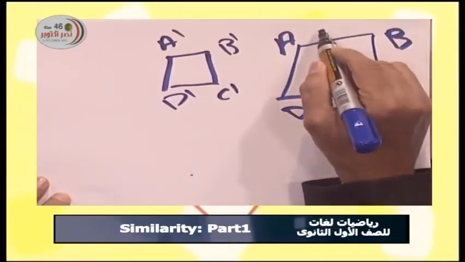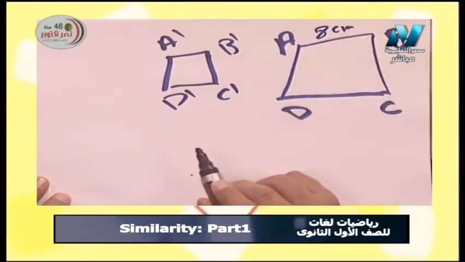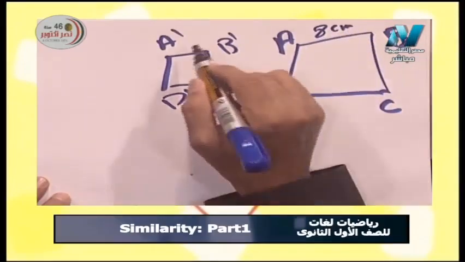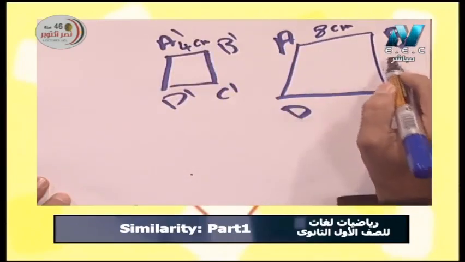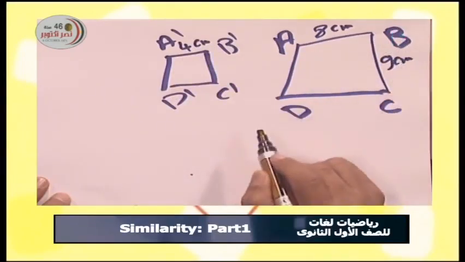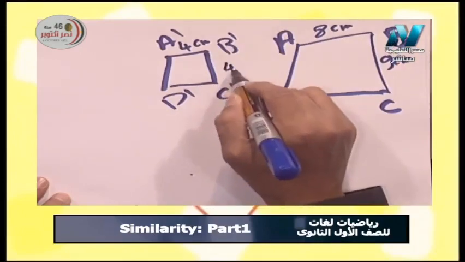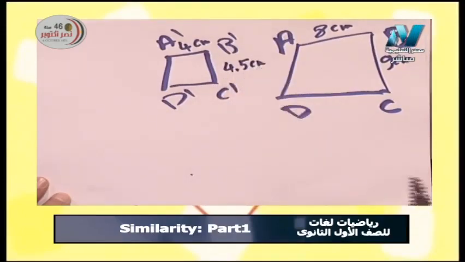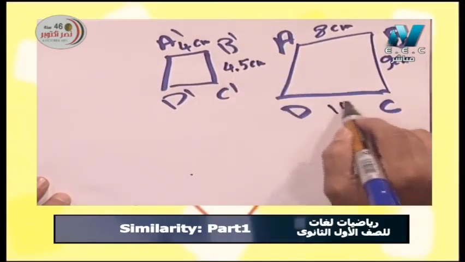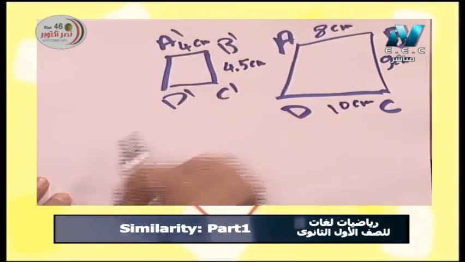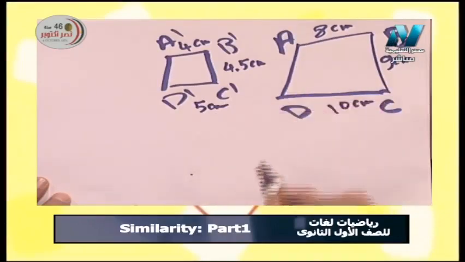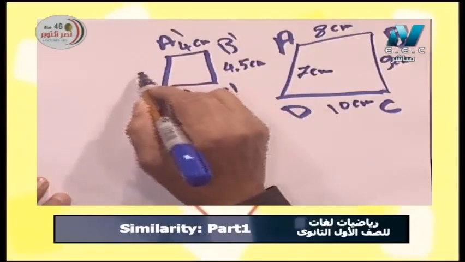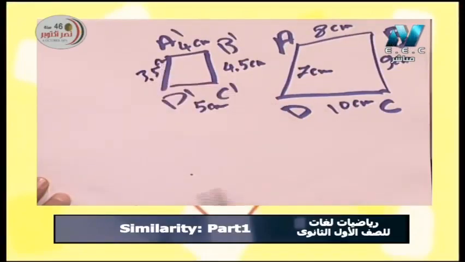AB is 8 centimeters and A dash B dash equals 4 centimeters. BC is 9 centimeters and B dash C dash is 4.5 centimeters. DC equals 10 centimeters and C dash D dash is 5 centimeters. AD equals 7 centimeters and A dash D dash is 3.5 centimeters.